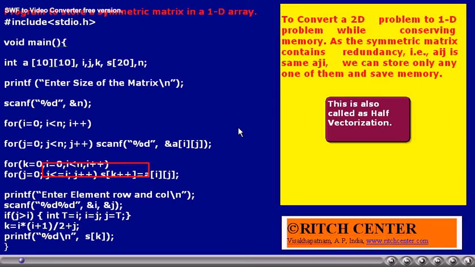These two for loops are used to store only the lower triangular portion of the 2D array A in the 1D array. In the following slides, we will demonstrate how the same thing can be done with our simulations.